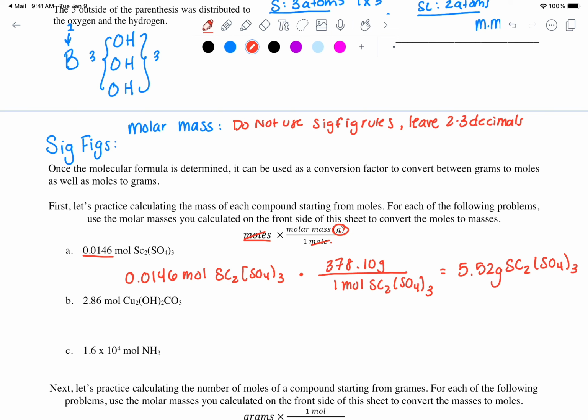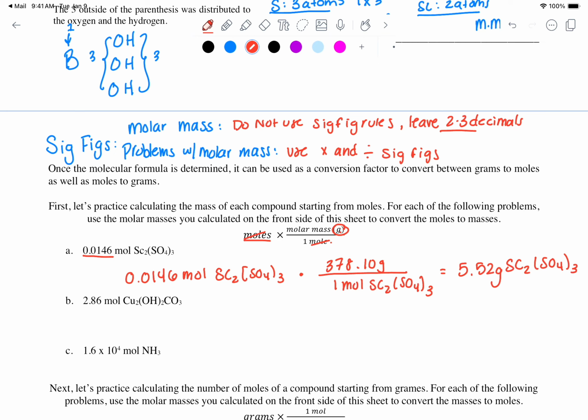Molar masses, whether of individual elements or of molecules, are just like conversion factors, which can be seen as having an infinite number of significant figures. So instead of writing hundreds of decimal places when we're trying to find a molar mass, we're just going to keep it to 2 to 3 decimal places. Now, when we're doing problems with molar mass, that's when we want to use our multiplication and division sig fig rules.